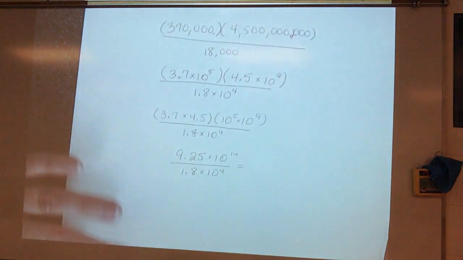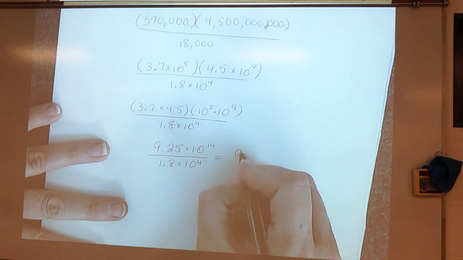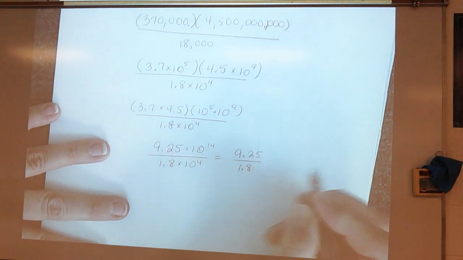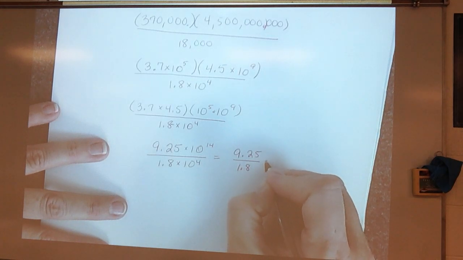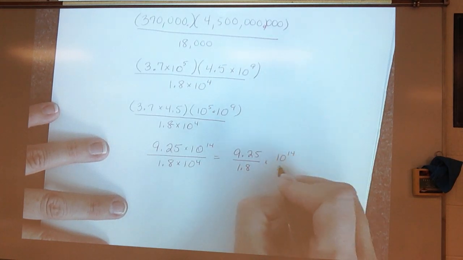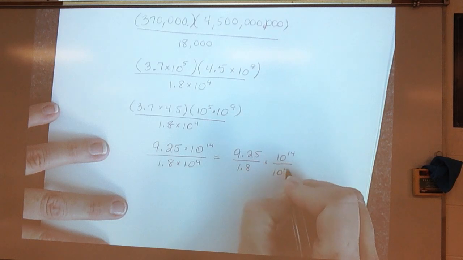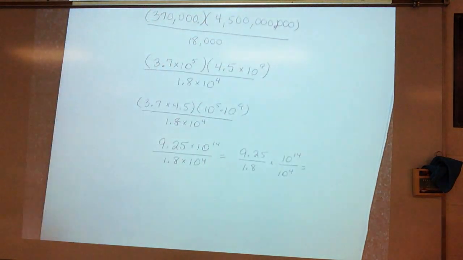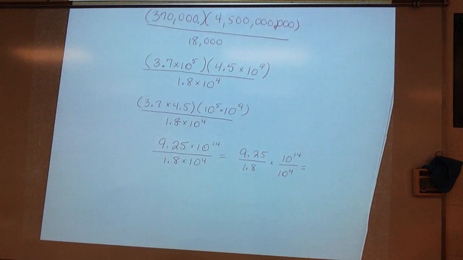Now I can finish this up. I can divide this into 9 and 25 hundredths divided by 1 and 8 tenths. And then I've got 10 to the 14th and 10 to the 4th. All right, so I would divide 9 and 25 hundredths by 1 and 8 tenths.